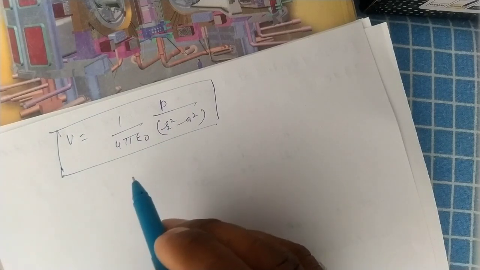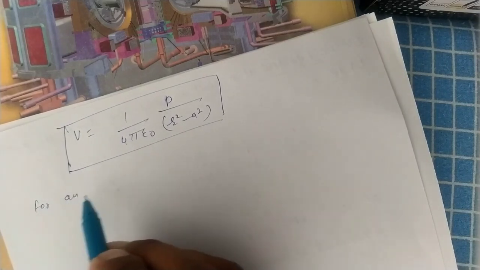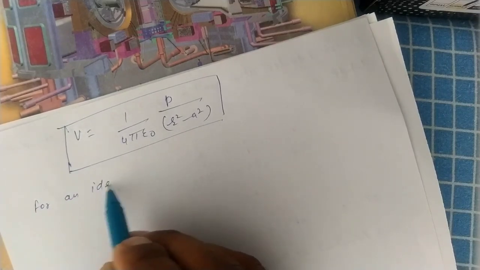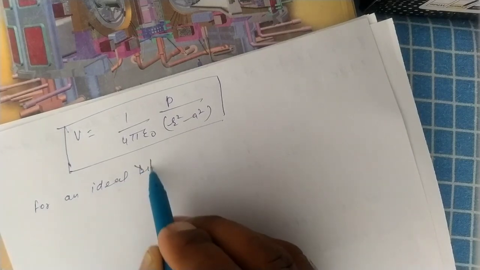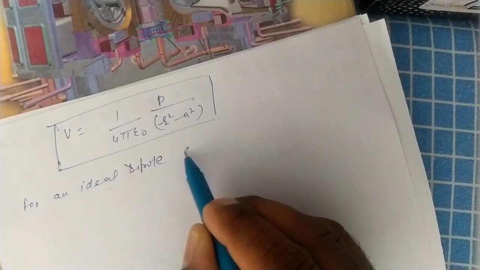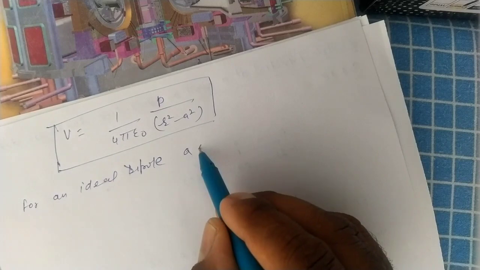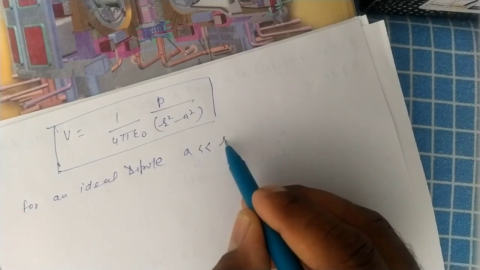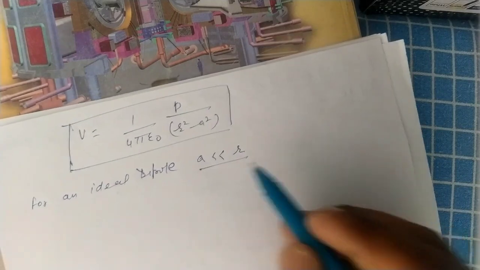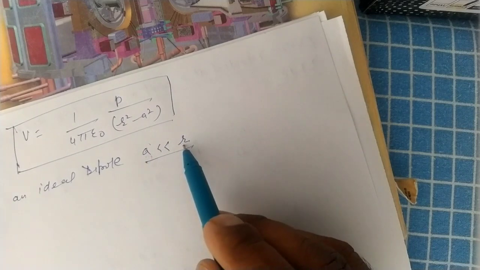Now, for an ideal dipole, a is very small as compared to r.